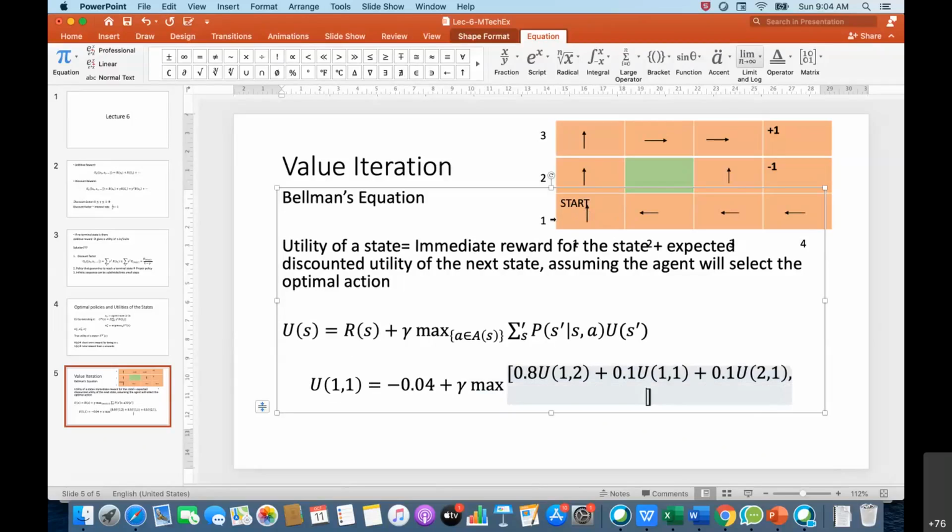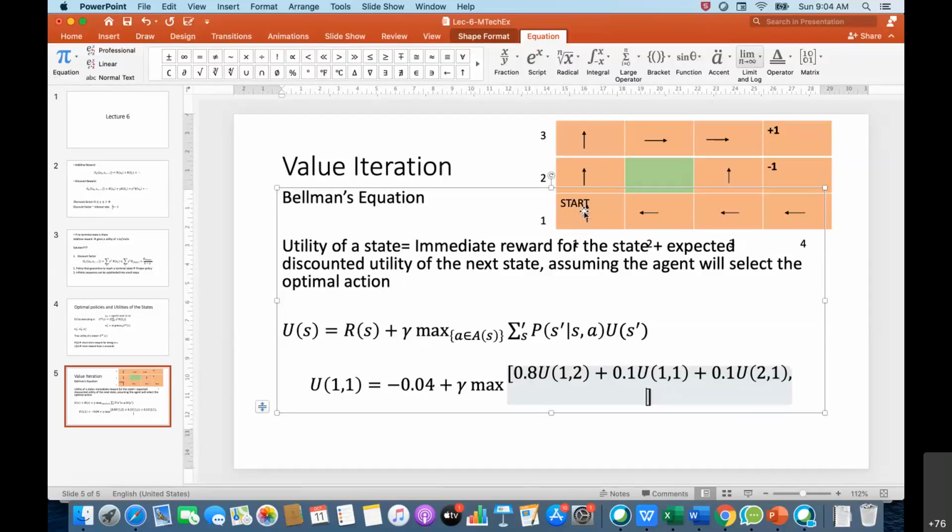As we know, it has a set of four actions, and any one of them could be its intended action. So if left is its intended action, then for left it will have 0.8 probability of being in the block 1 1. For down also it will have the probability of being in the block 1 1.